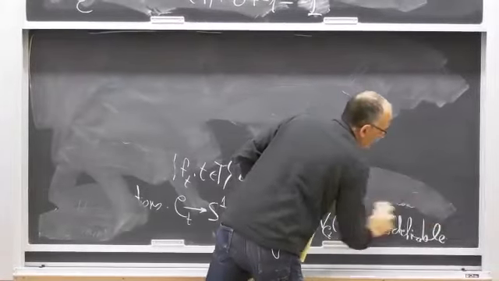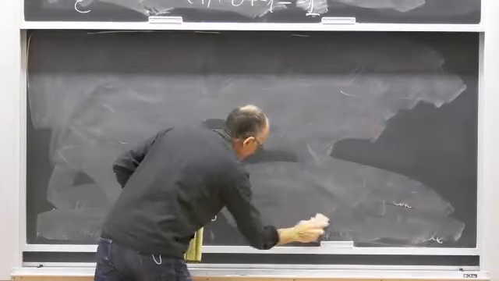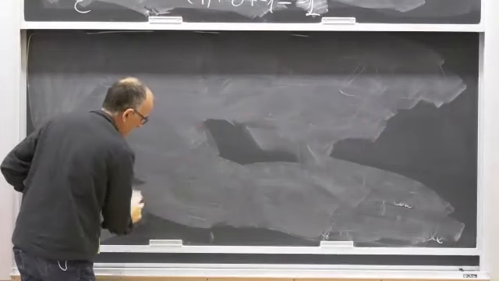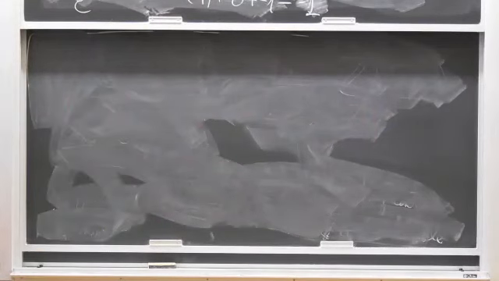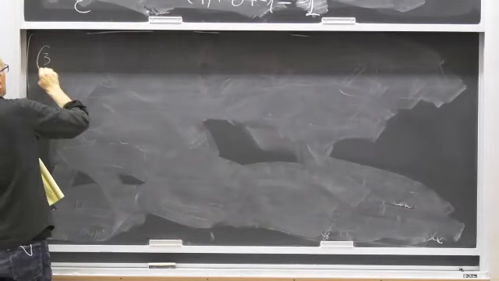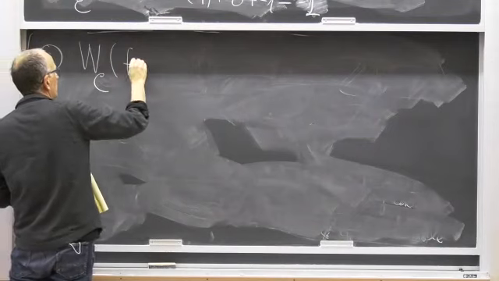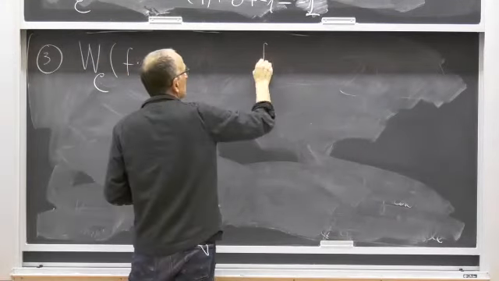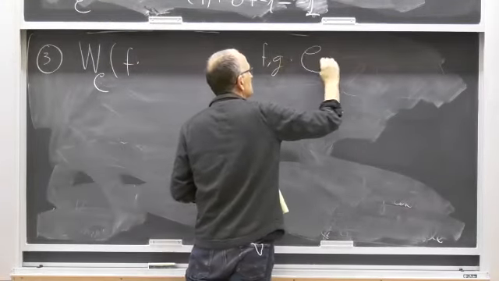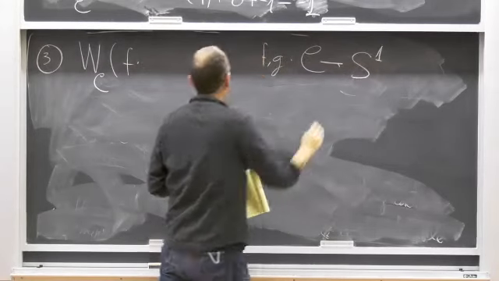And this is how winding number behaves with respect to multiplication in S1. So S1 is a subgroup of K. We can multiply. So we have 2 functions again, F and G from C into S1.